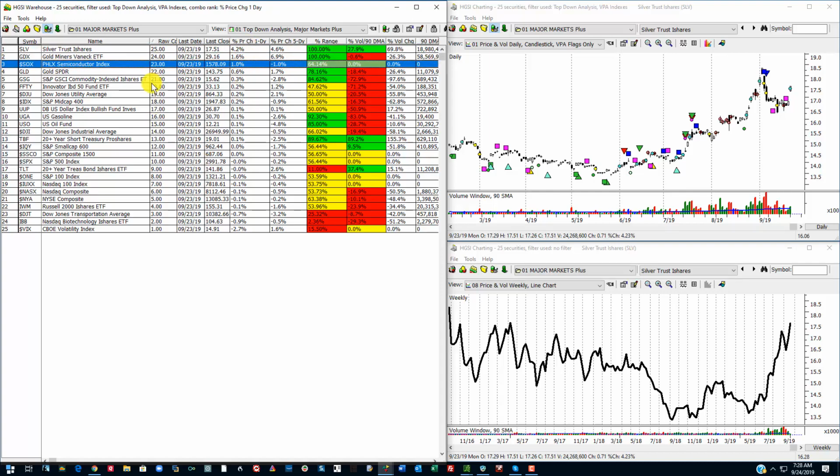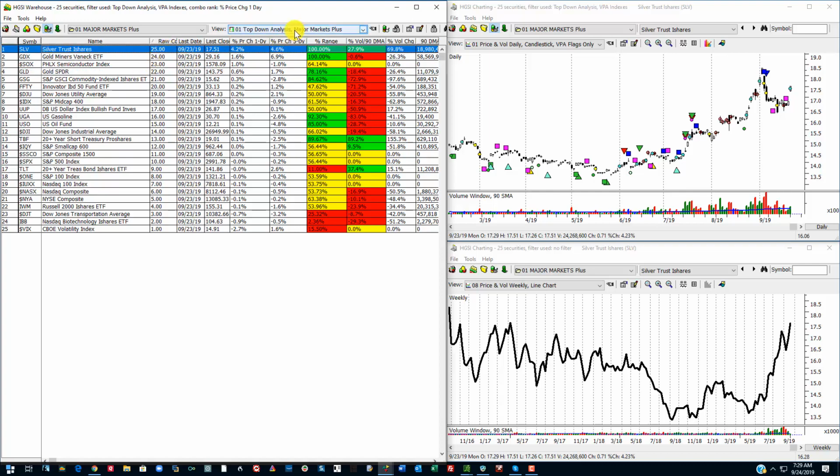Now, semiconductors have had a really good year, and they pulled back a little bit, but I can see that there is some emergence here again of the SOX. It was up 1% yesterday, but out of the top 4, you can see there's silver, gold miners, and gold ETFs that are leading the way based upon this view.